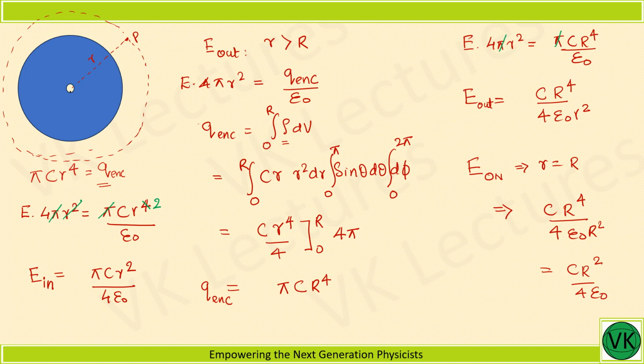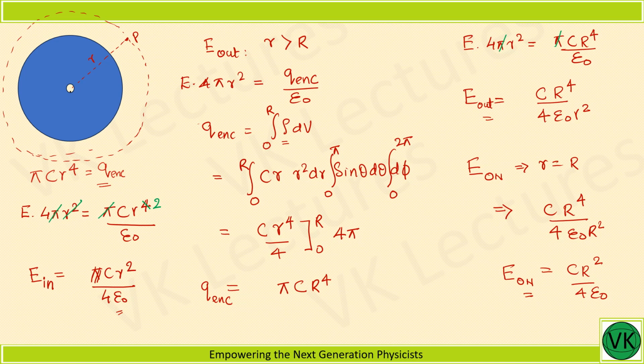This pi we already have cancelled it, so it is C R square by 4 epsilon naught. So this is the electric field on the surface. This is electric field outside, and this is inside.